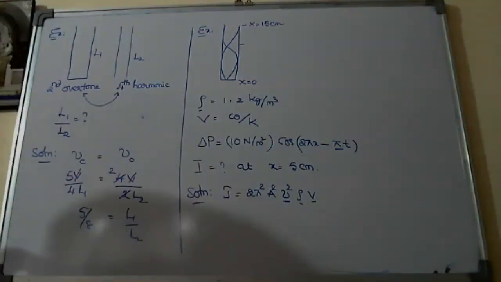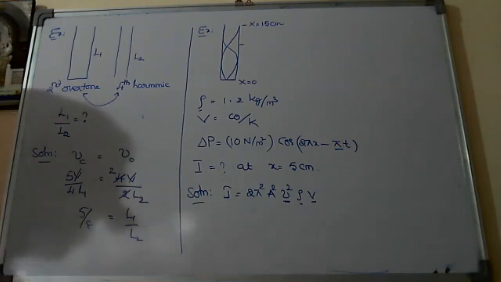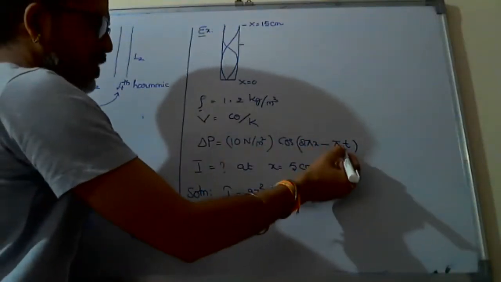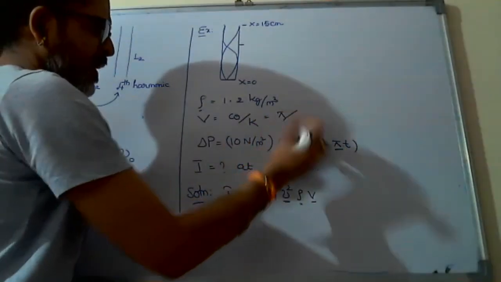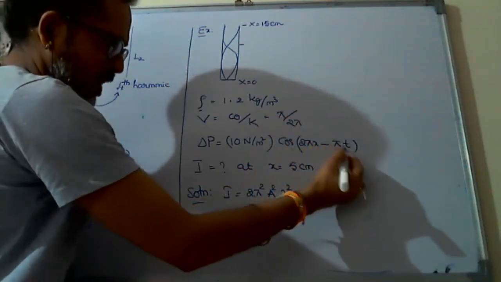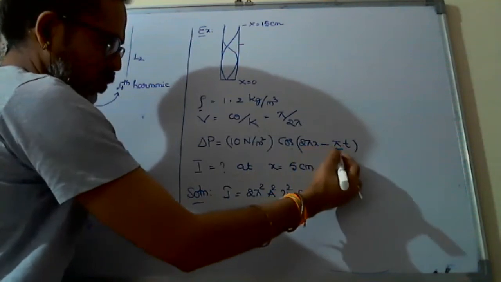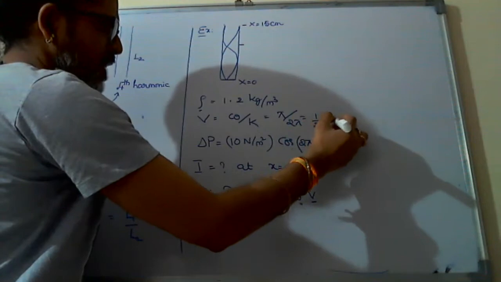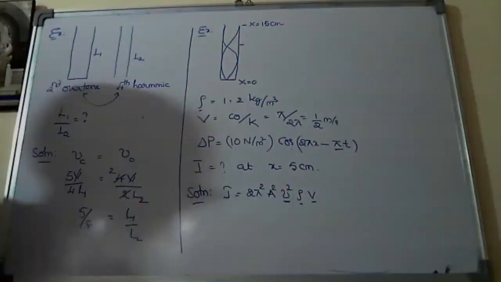From that, of course, we can calculate. It is in SI units. Omega is pi, k is 2 pi. So you are getting 1 by 2 meter per second. All are in SI units.